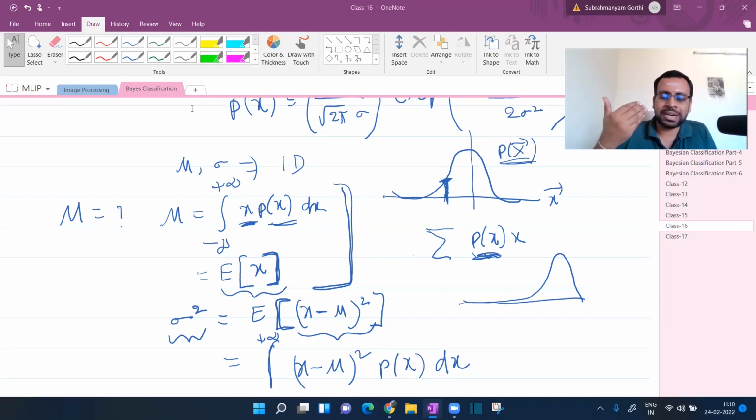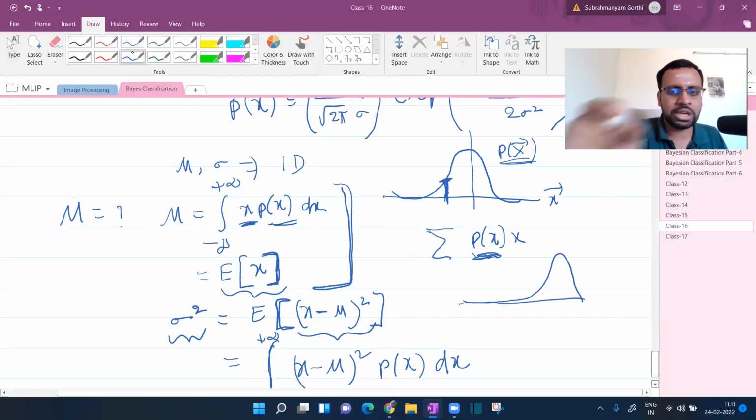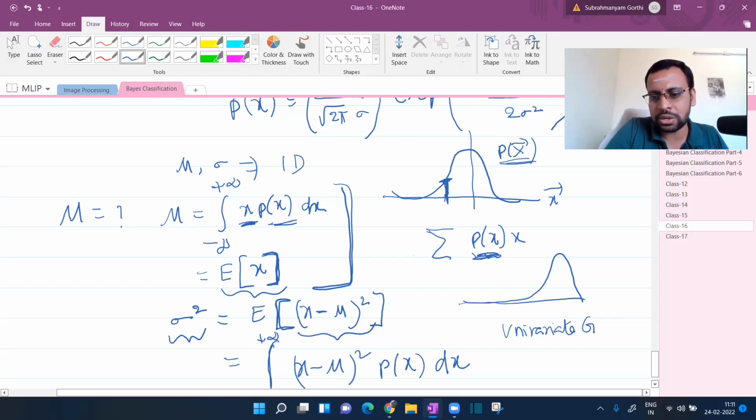Let's now move on from 1D distribution to two-dimensional Gaussian distribution. Or maybe by the way, this distribution is also referred to as univariate Gaussian function. Uni means one. I'm sure most of you would have been already knowing that. So this is also referred to as univariate Gaussian distribution.